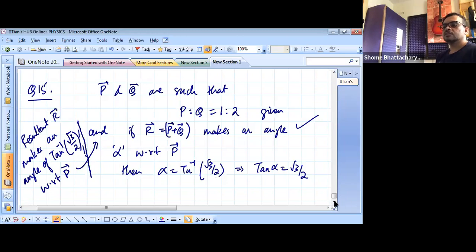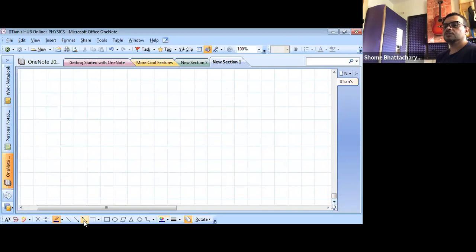So now let's convert this to a diagram and understand what this means. In terms of the diagram, if this is the vector P, the vector Q would be something like this, larger in magnitude. So if this is x, then this is 2x.